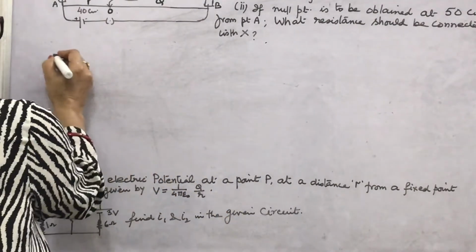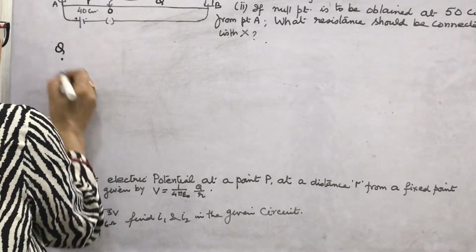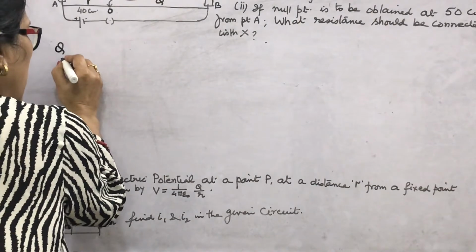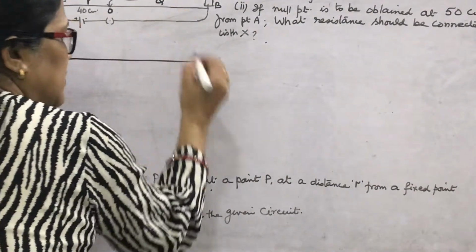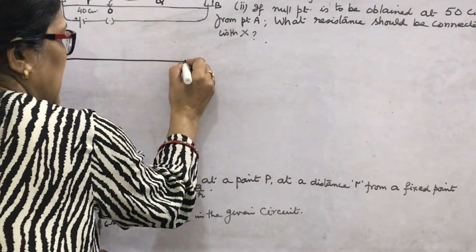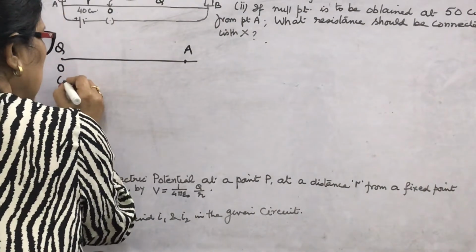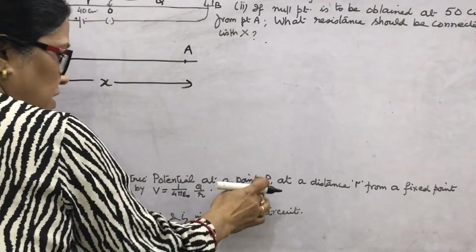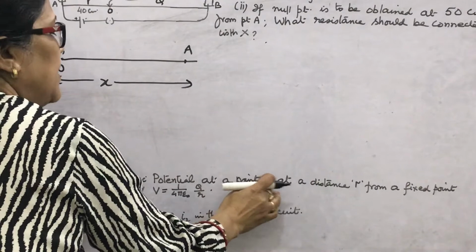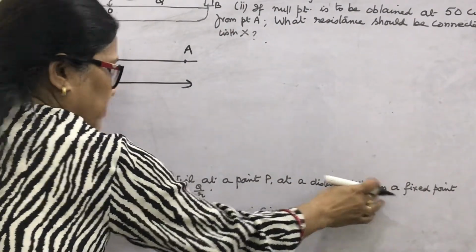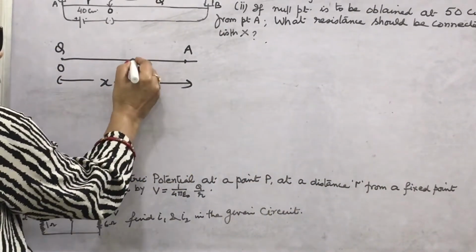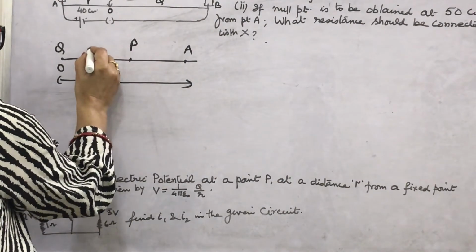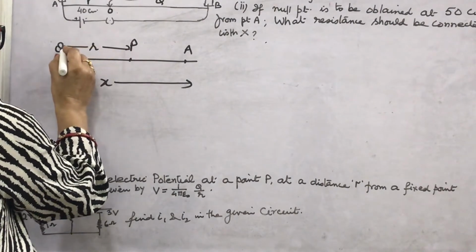Here it is given a point charge, capital Q. It is given a fixed point charge. Suppose it is situated at point O, and suppose at the point A its distance is x, and we have to find the potential at point P, which is situated at a distance r from the fixed point charge Q. So suppose we take this point P, and the distance between Q and P is given r.